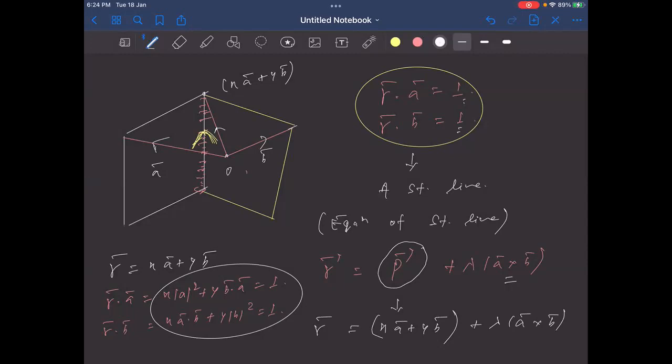I'll wait. I'll give you 3-4 minutes to analyze the whole diagram.